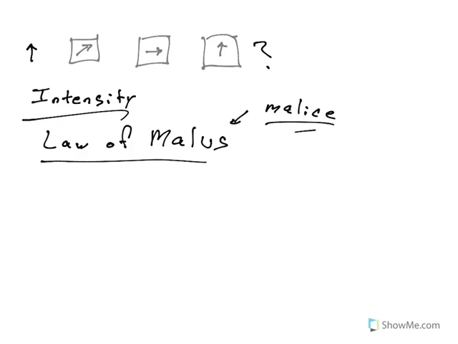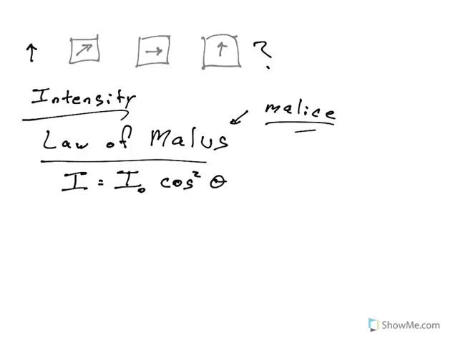And it's a very easy law. What it says is the intensity of the light that goes through a polarizer is equal to the initial intensity, that is, how bright was your starting light, times the cosine squared of the angle for the polarizer.